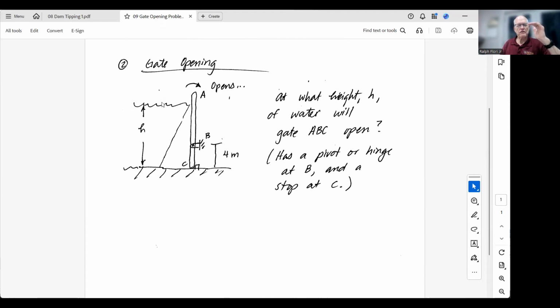And once our water level gets deeper than 12 feet, then the gate will open. FR will be above the pivot, the gate will pivot open, and the water will empty at that point. And so that's a gate opening problem, not an uncommon problem that happens from time to time.